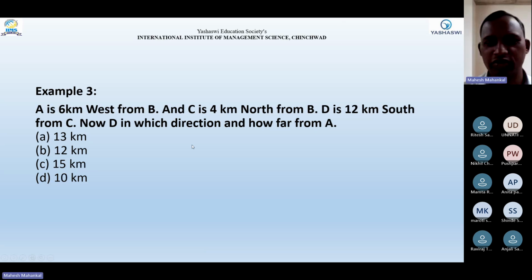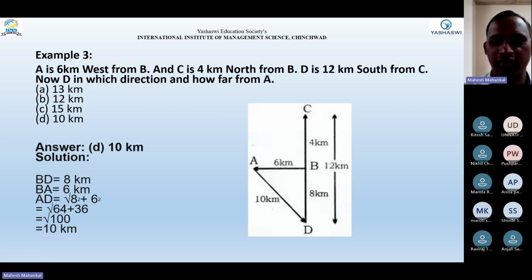Can we see the correct option? Can we move further? Okay, see this. You are able to understand. Option D, 10 kilometers is the correct option. See how it is.